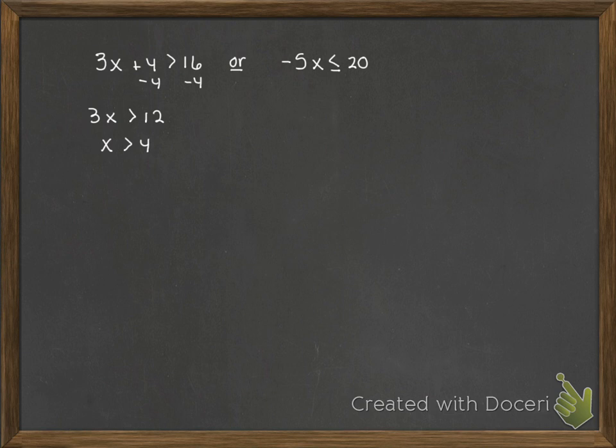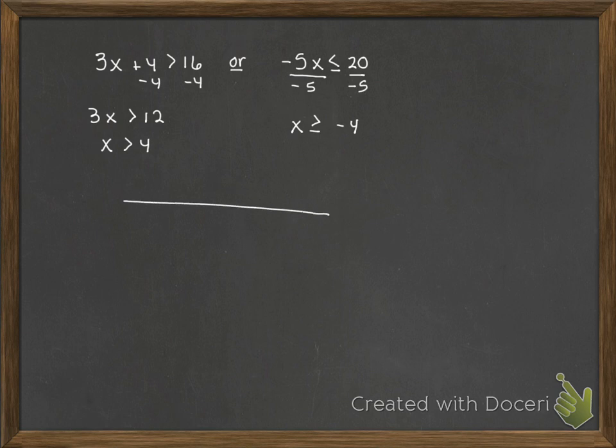Okay, now for the other inequality, because we're dividing by a negative number, remember the rule is that when you divide by a negative number, you change the direction of the sign. Okay, so that less than or equal to is now a greater than or equal to.